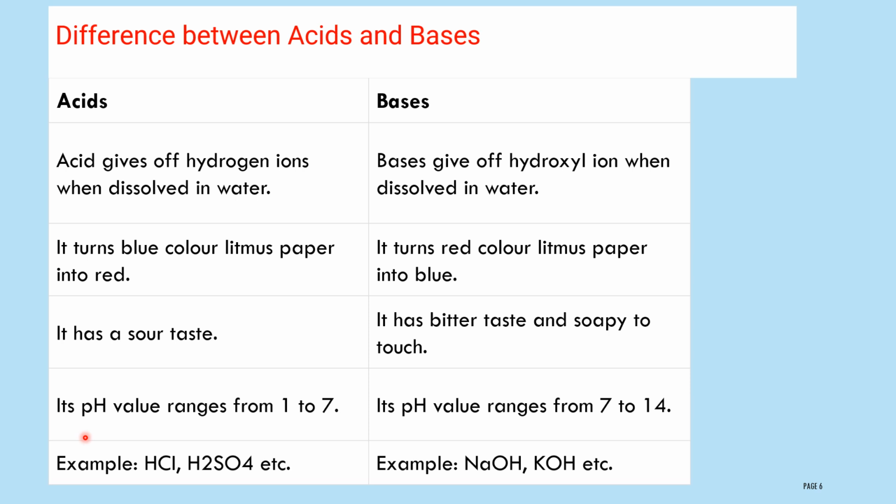The pH value of an acid ranges from 1 to 7, while the pH value of a base ranges from 7 to 14. Examples of acids are HCl, hydrochloric acid, H2SO4, sulfuric acid, etc. Examples of bases are sodium hydroxide NaOH and potassium hydroxide KOH. These are the few main differences between acid and base.